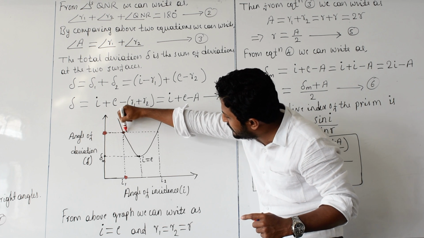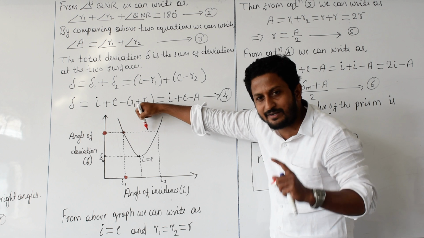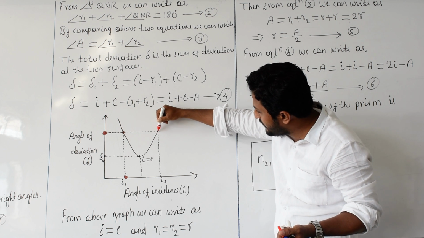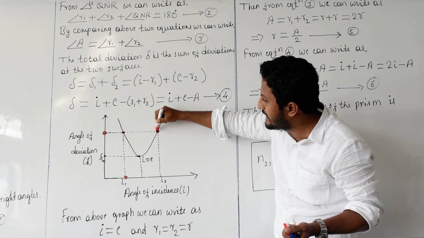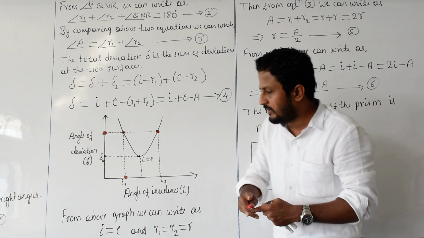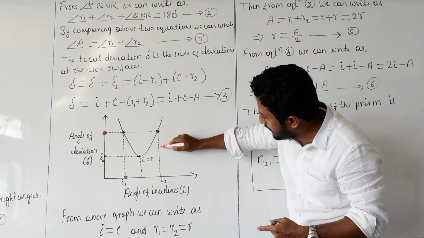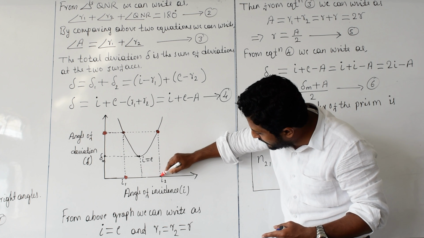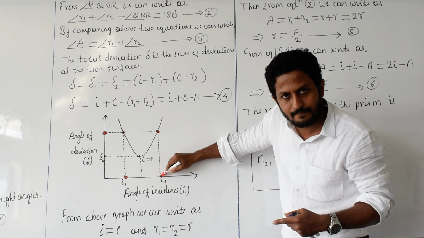Further, if you continue that deviation value, it is going to meet the curve again here. From that point again you draw a perpendicular to the x-axis, and it meets at another reading.